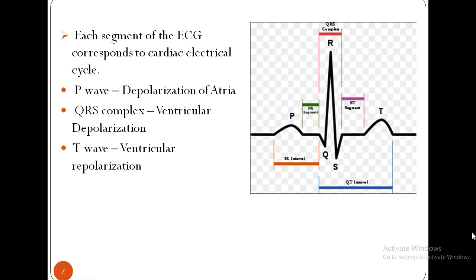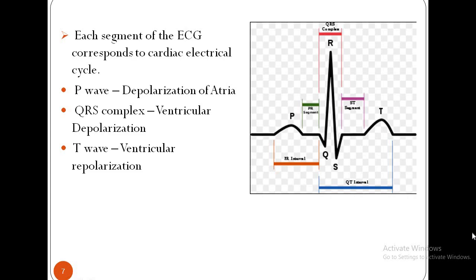The QRS complex marks the firing of the AV node and represents the ventricular depolarization. Q wave represents the depolarization of the interventricular septum. R wave is produced by the depolarization of the main mass of the ventricles. S wave represents the last phase of the ventricular depolarization.